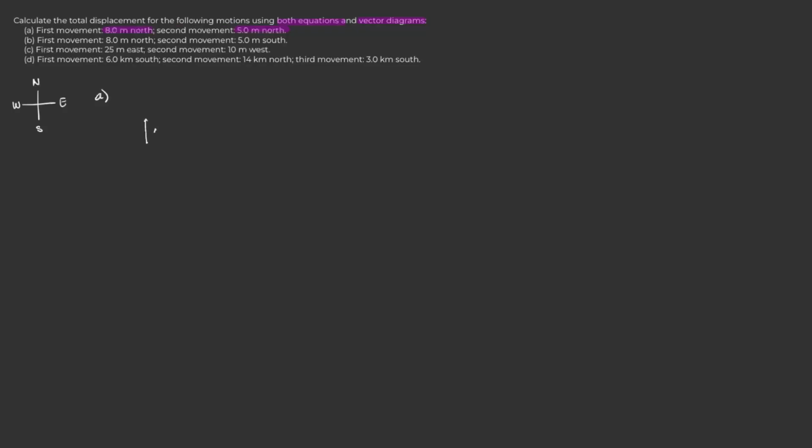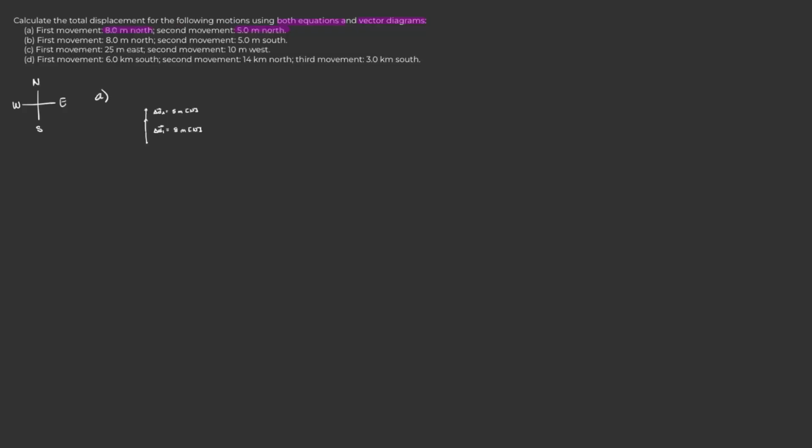So we'll say this is our first displacement of 8 meters towards the north. And then we're traveling even further up, not the same amount, so we'll make this a little shorter, and we'll say this is our second displacement at 5 meters north. Okay.